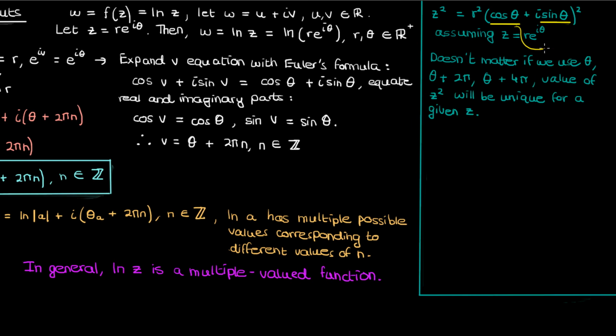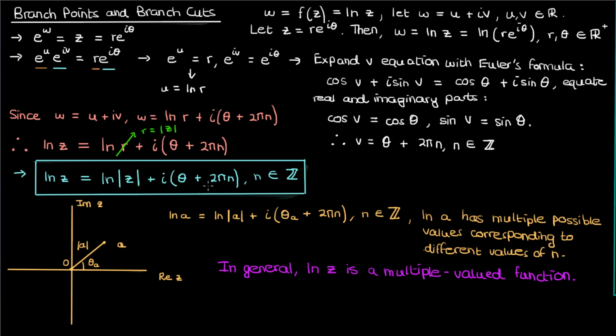The sine and cosine in here eliminate the multiple of 2 pi difference and make these different arguments redundant. The natural logarithm, however, by virtue of its nature, extracts the redundancy hidden by the sine and cosine and lays it out for the world to see. This 2 pi n is no longer masked by a sine and cosine.